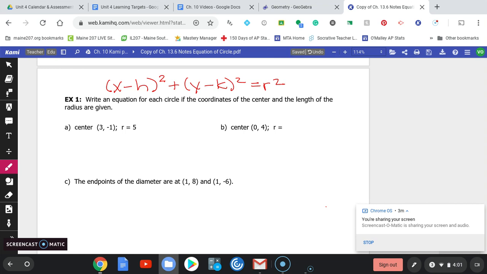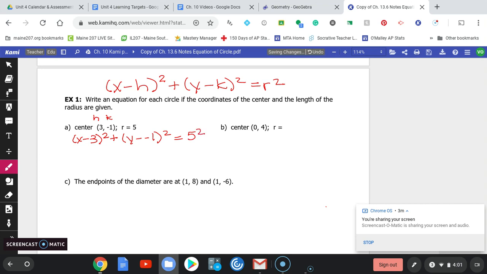All right, so plugging in, our center is 3, -1. So that means that h is 3 and k is -1. So we're going to write it as x minus 3, and we're going to square that. Plus quantity y minus -1, square that, equals our radius, which is 5 squared.